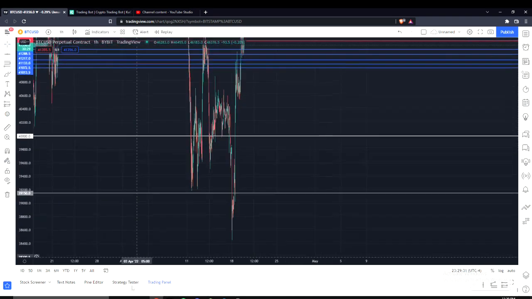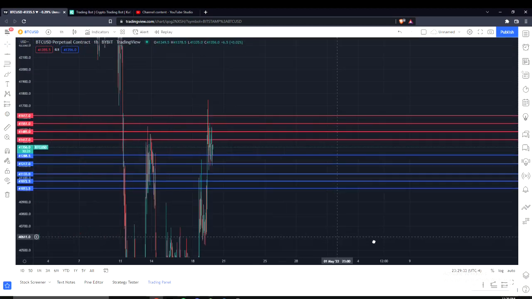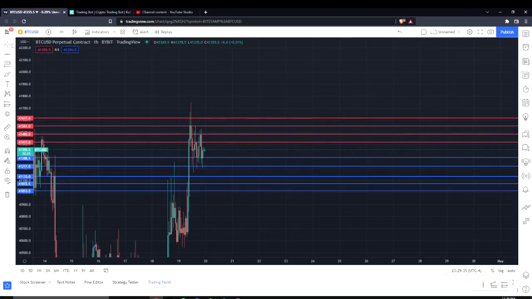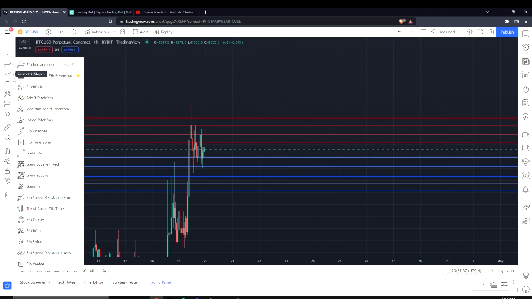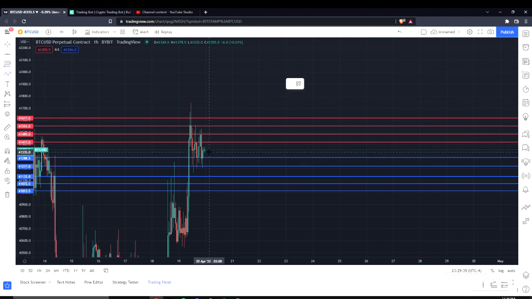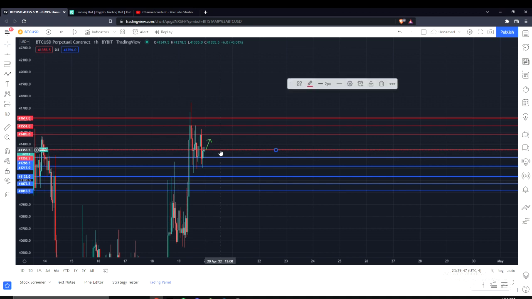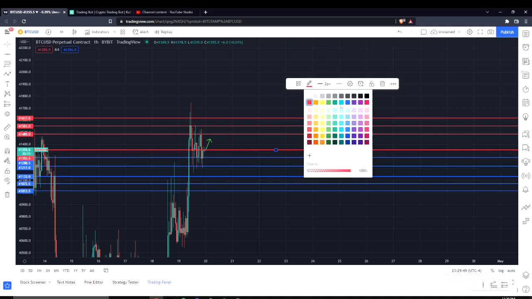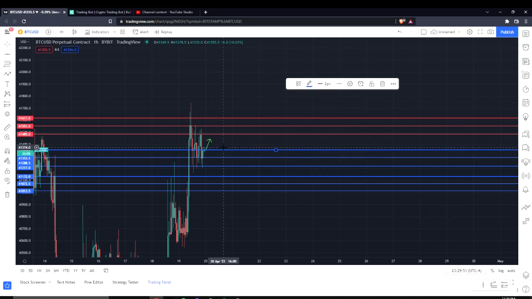Now what happens is anytime it activates any of these entries, let's say it goes up, let me show you this, because it's better to show you than explain. Let's say it picks this up, what'll happen is it'll actually delete this, and then it would create another buy limit where the price previously was.